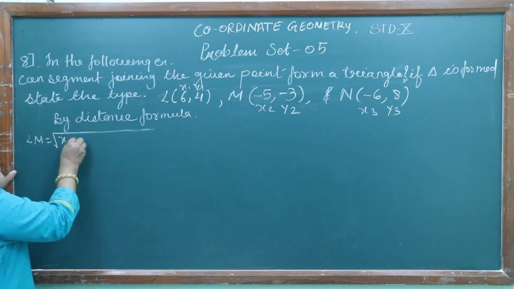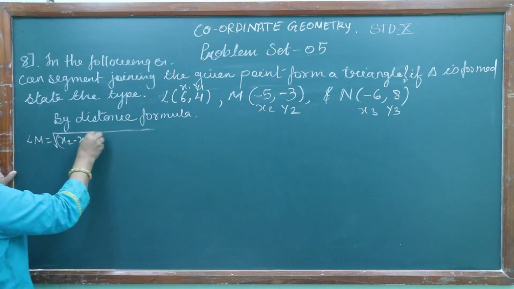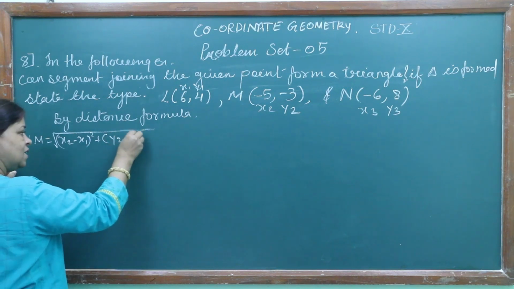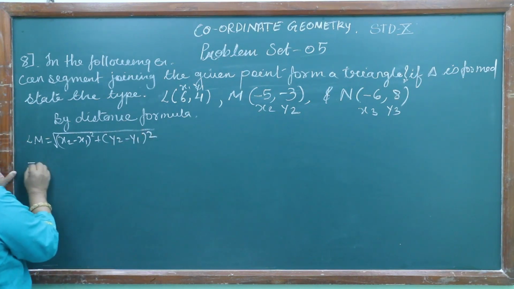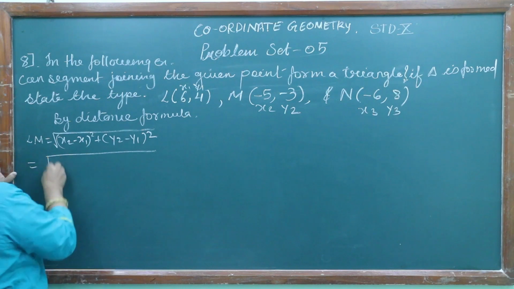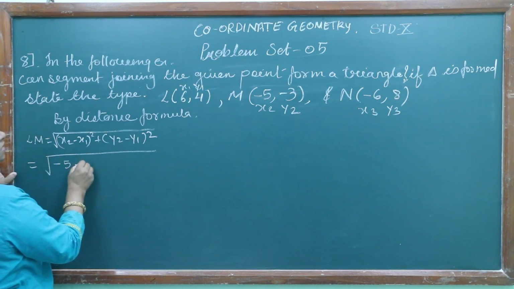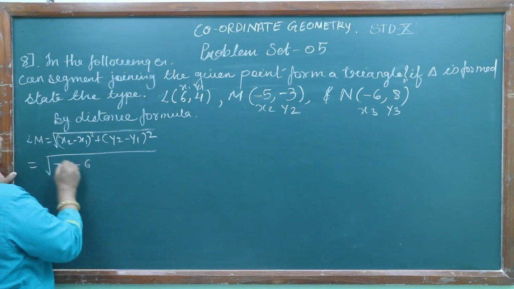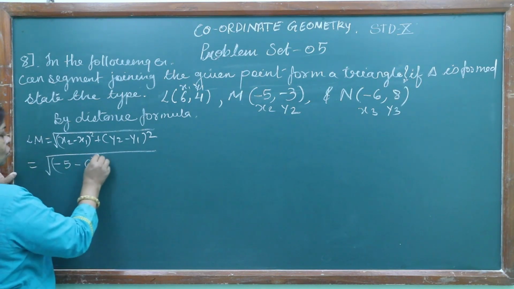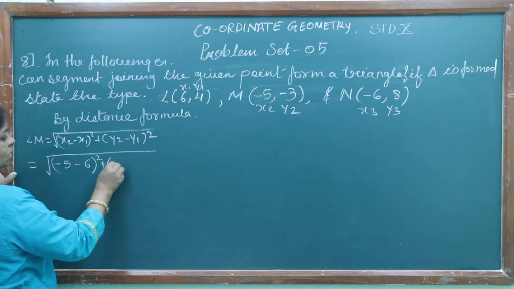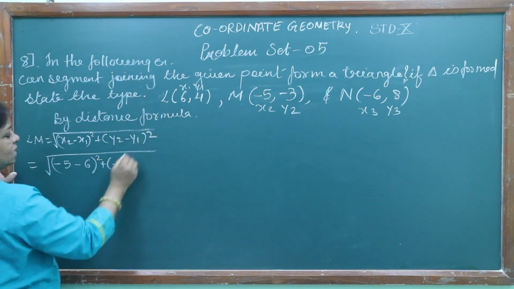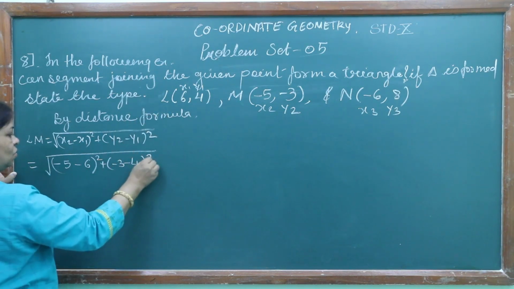So x2 minus x1 the whole square plus y2 minus y1 the whole square, which is equal to x2 is minus 5 minus x1 is 6 the whole square plus y2 is minus 3 minus 4 the whole square.